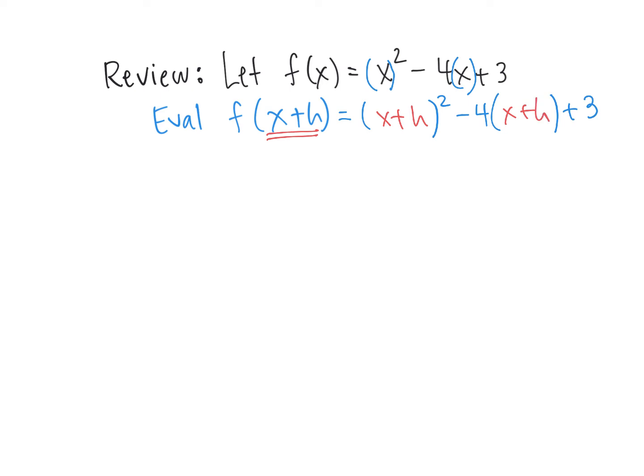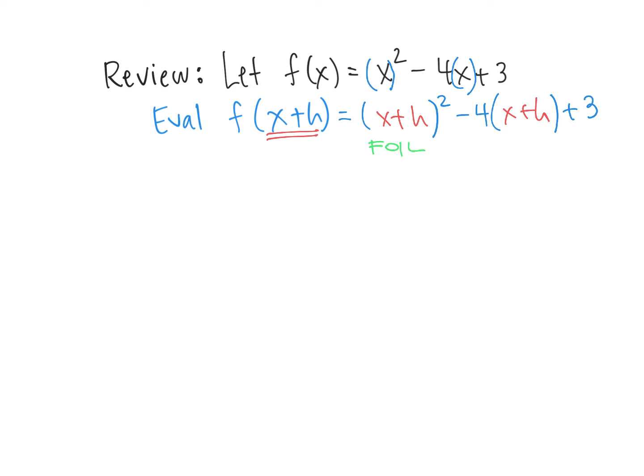So then we simplify. And remember, simplify just means get rid of parentheses, then combine any like terms. And then if there are fractions involved, also worry about not clearing fractions, but simplifying our fraction by canceling any common factors. Okay? So how do I square x plus h?